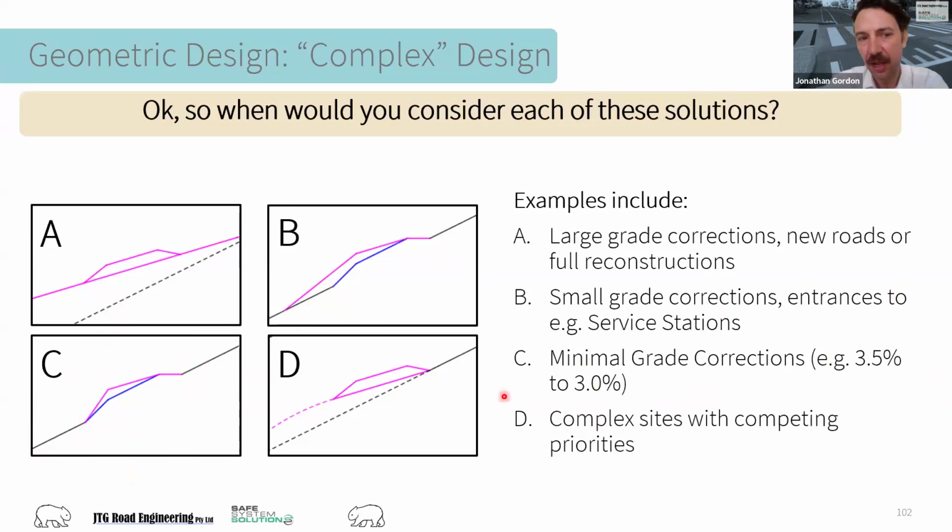And of course, D, I'd suggest you might as well be doing A if you're doing some serious work, but sometimes you're just stuck and you have some really complex conflicts here. That means you have to start and kick off at a new angle with some of these principles applied, and then you're doing your regrading anyway. So yes, they can all have their merits and they can all be useful.